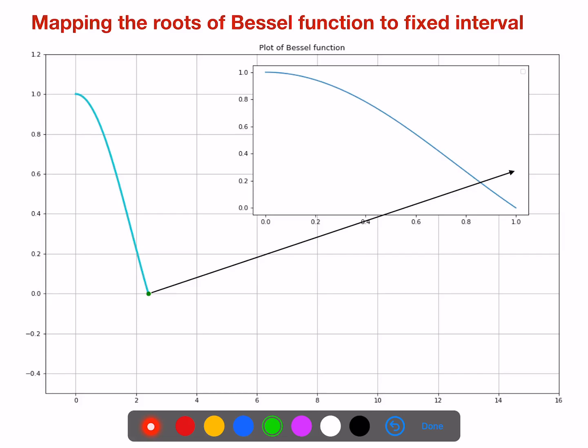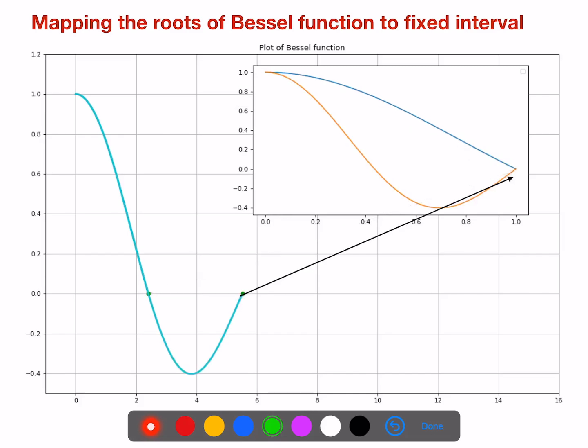Let's take the first root, which we usually denote as alpha 0 1. That means the first root of the J0 Bessel function that we map into an interval of 0 to a, or in this case a I have taken to be 1.